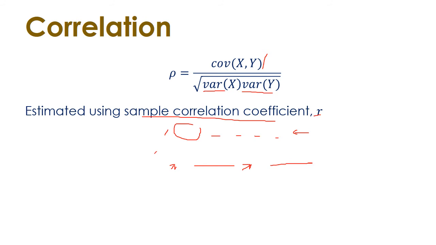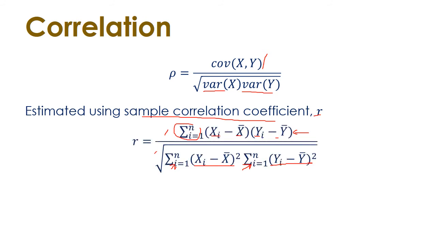Now, when we are given a set of data from a sample, then we usually denote the correlation as r, and we compute it using this formula. This is the covariance here: the deviations from the mean, each variable within its deviation from the mean, you multiply, then you sum.